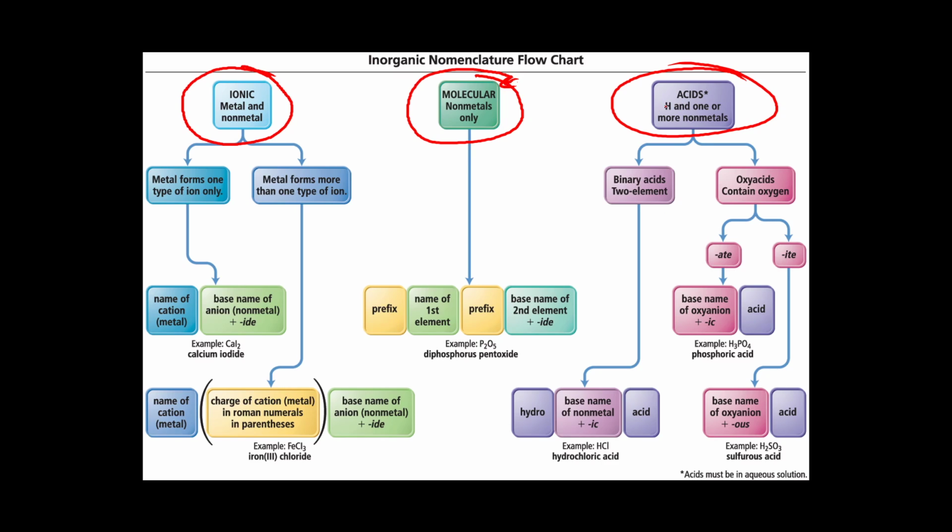And if you have hydrogen and a nonmetal, so hydrogen at the beginning of the molecule where metals would normally be, that is an acid. And so you'd have to figure out, do I have a binary acid or an oxyacid? Just figuring out what you have is usually the key to getting the rest of the naming process correct.